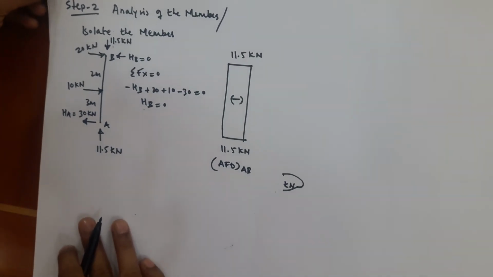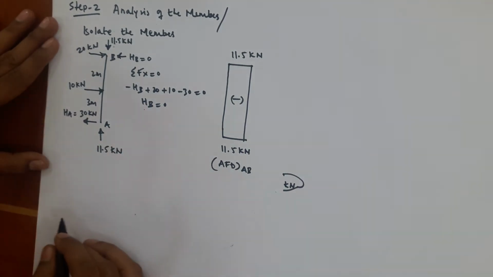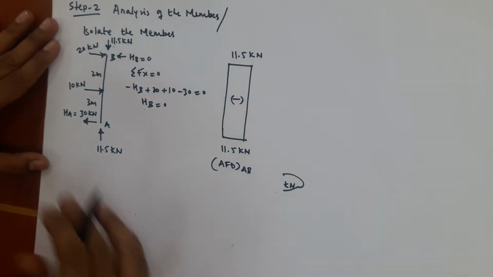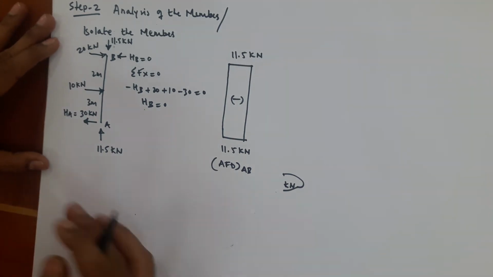Okay, now we have to quickly move towards the calculation of shear force. We know how to calculate shear force. You can see my previous videos. Again we will follow the same methodology what we have adopted in the previous video.